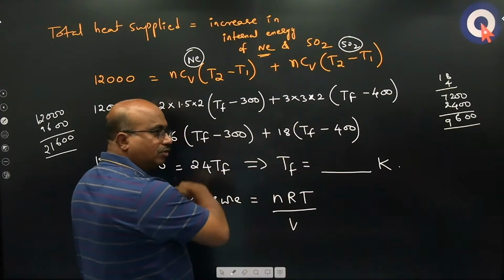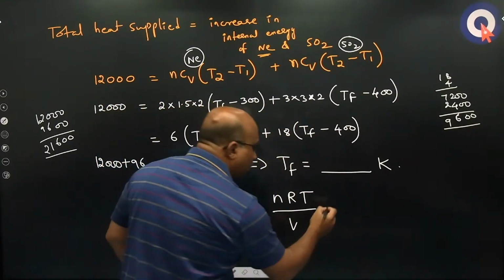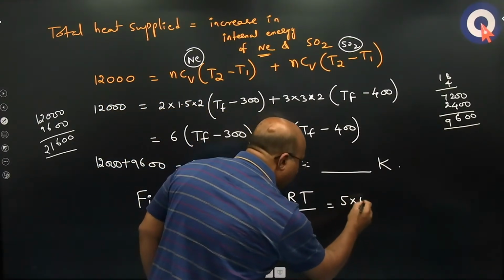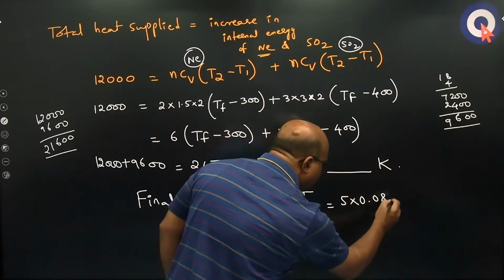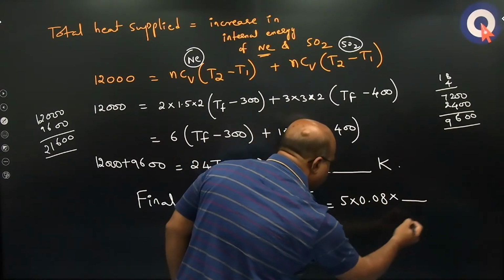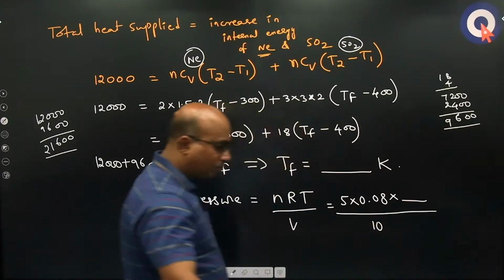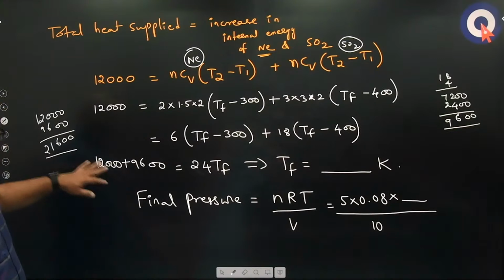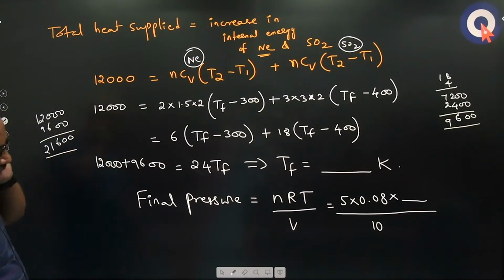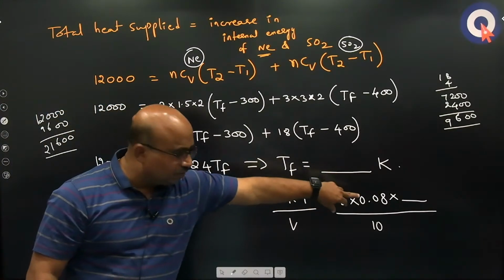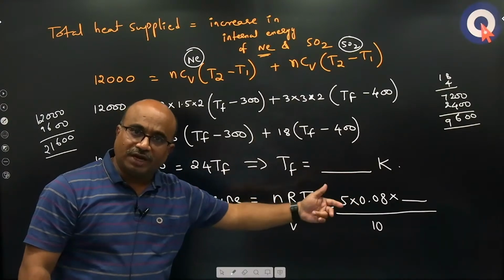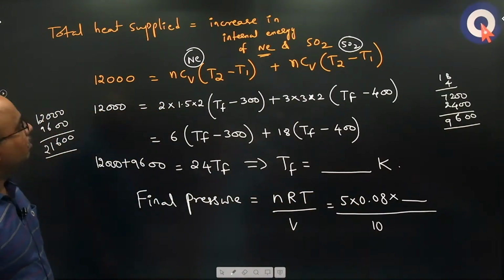There are 2 moles of this and 3 moles of this, so total moles are 5. R has to be taken as 0.08, and you substitute the temperature here, with final volume 10. We do the calculations, substitute that temperature, and get the final pressure. Clear?